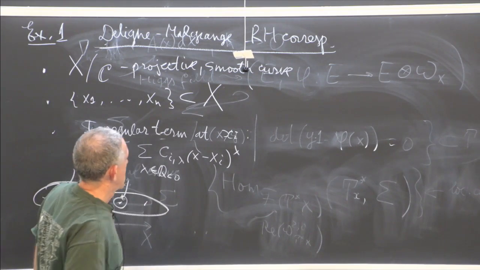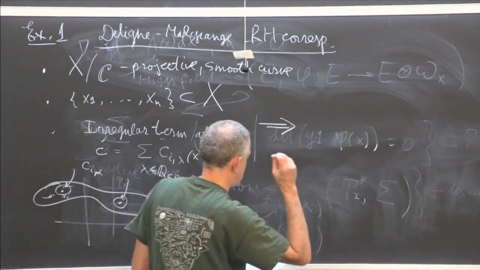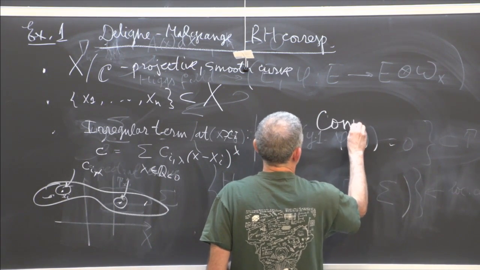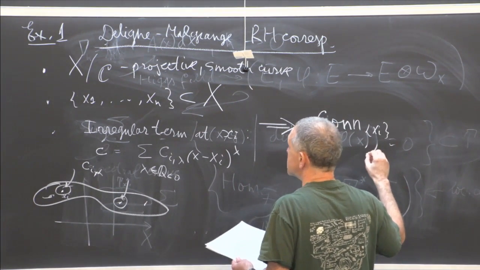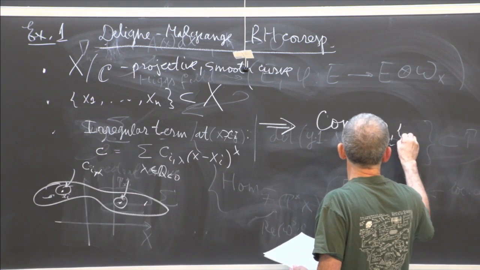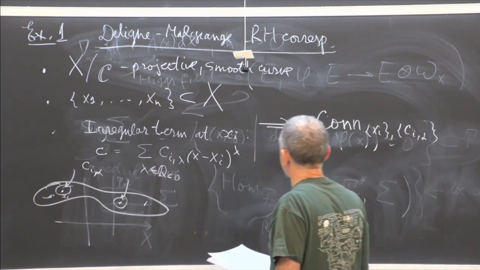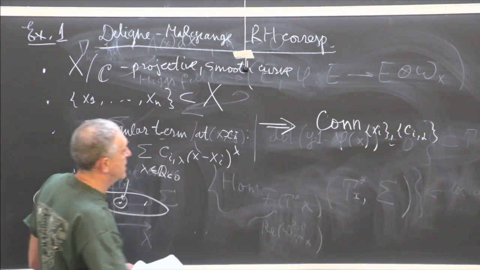And having this, we can consider a category of bundles with connections which have singularities at these points xi.